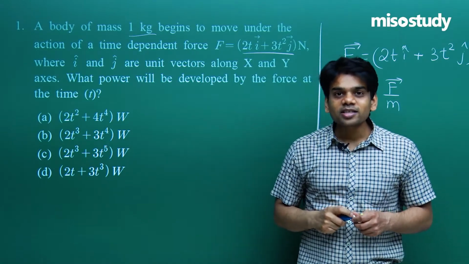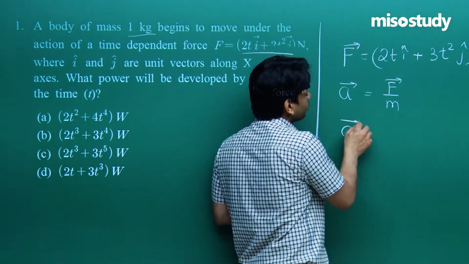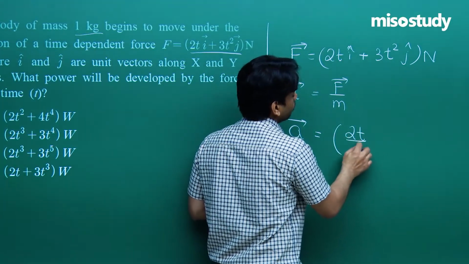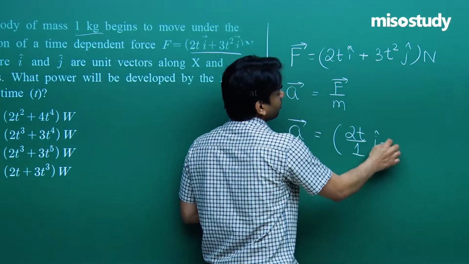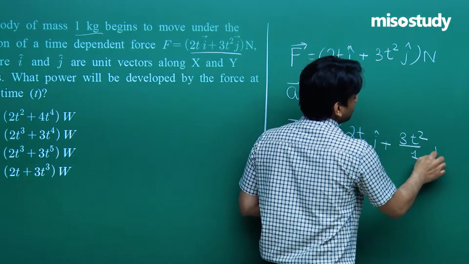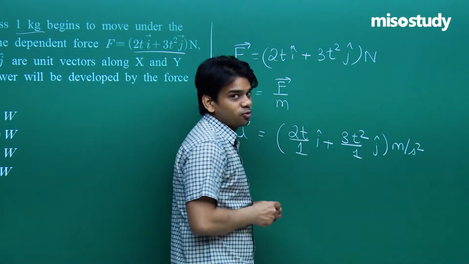So we simply divide the force equation by mass. If I divide every term by 1, we get 2t by 1 i cap plus 3t square by 1 j cap, and the unit used will be meter per square second.